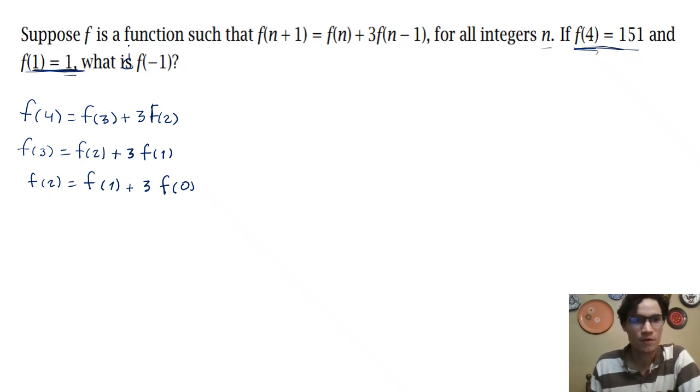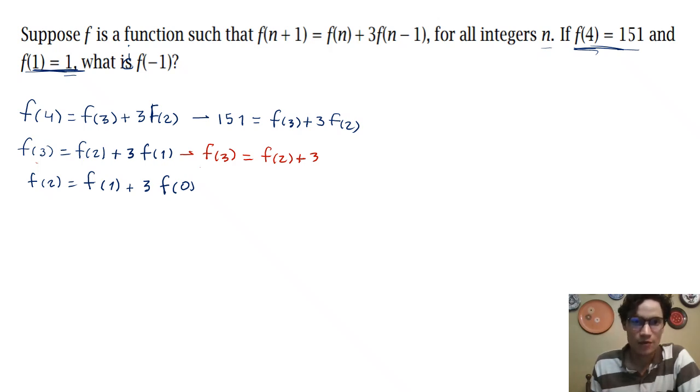Doing these evaluations, we can replace values that we know from the problem. So f(4) is equal to 151, so 151 is equal to f(3) plus 3 times f(2). Here we know that f(3) is equal to f(2) plus 3 times f(1), but f(1) is 1, so this is just 3.